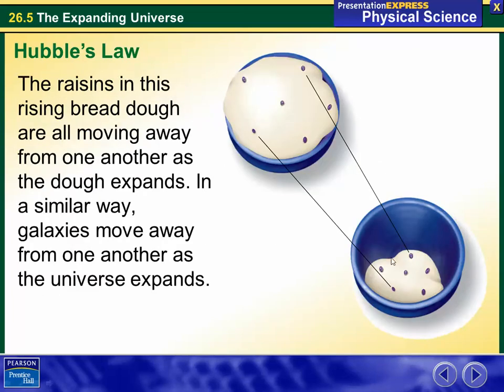So you can see right here, raisins, raisins, raisins, and then as the universe is expanding, the ones that are starting farther out move away at a much quicker rate. So the raisins and this rising bread dough are all moving away from one another as the dough expands, very similarly to how galaxies move away from one another as the universe expands.